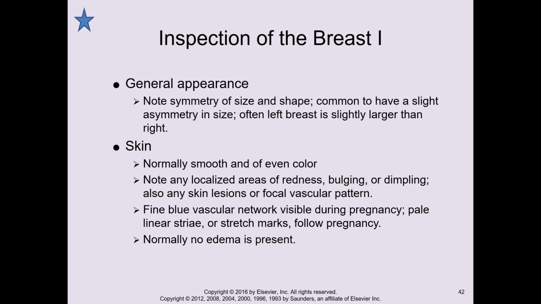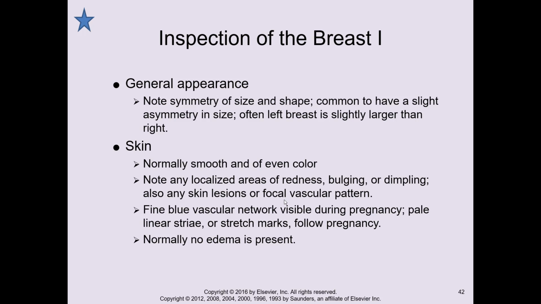We do always, because you will be seeing your patient, you will be uncovering your patient to do a lung and skin and cardiac assessment. So you do want to inspect their general appearance and skin. You, as a nurse, are always going to notice everything that is a deviation from normal with all of your patients. You're looking for symmetry. Now, there is going to be a little asymmetry with regard to breast tissue.